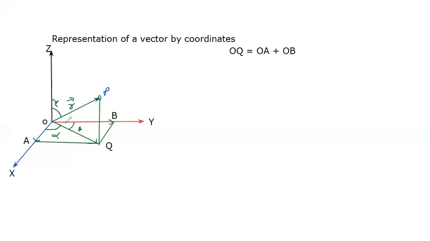Now this is OQ vector, right? And if I make this QP another vector, then what is OP vector? OP vector is equal to OQ vector plus QP vector. See, law of triangle, OQ plus QP.